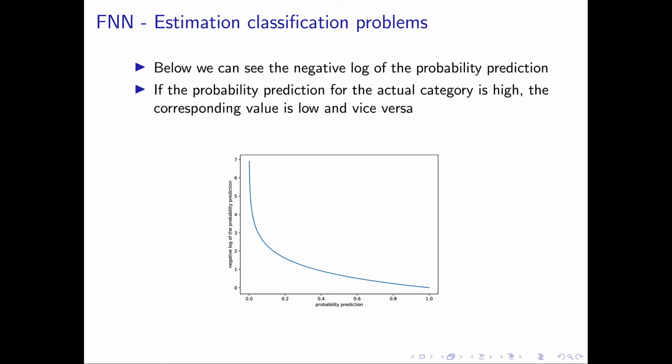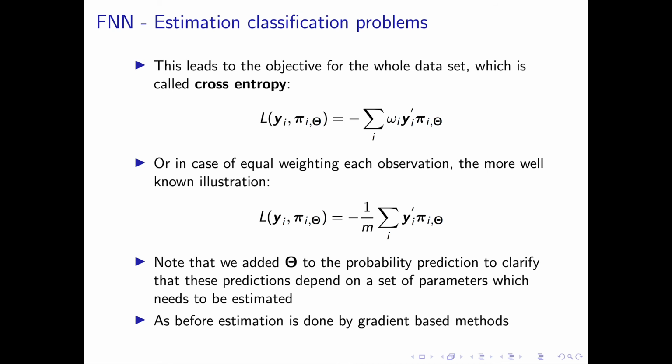And if the next observation is in reality category 3, then of course we want a model that generates a prediction with a high probability mass that it is category 3, okay? And this principle is very general and cannot be used only for binary classification problems. It also can be used if you have classification problems with more than 2 categories, because nothing changes when we still stick to the notation that we use here.